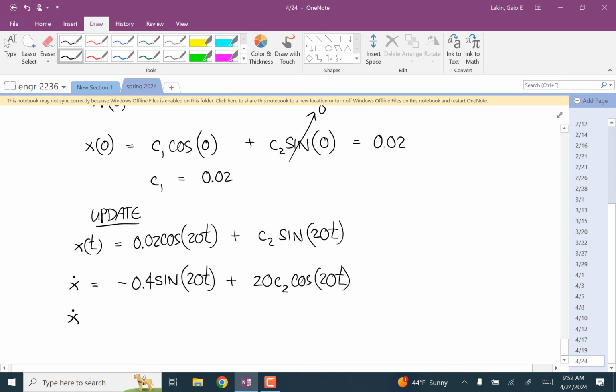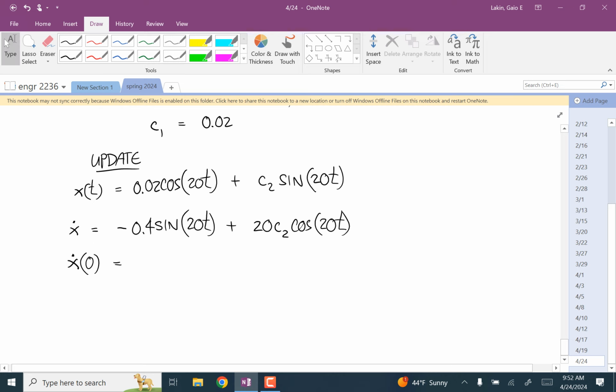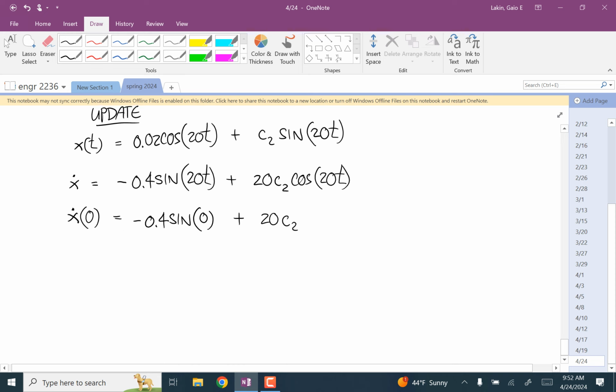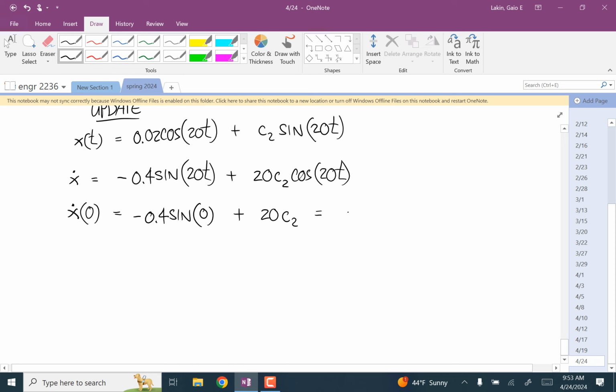So x dot at time equals 0 is negative 0.4 times the sine of 0 plus 20 C2, and that is equal to negative 0.3.